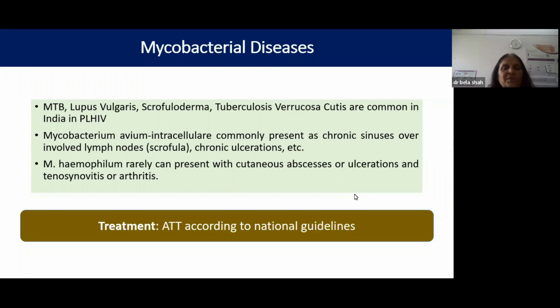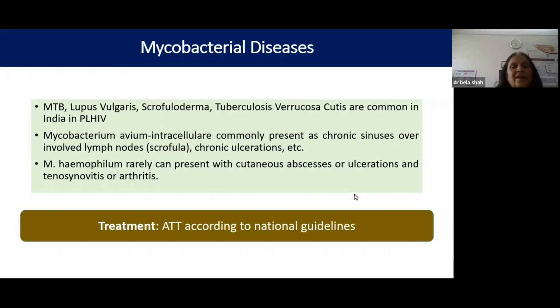But what is important to remember here is that we should rule out even atypical mycobacterial infection like Mycobacterium avium intracellulare, because the patient can also develop chronic sinuses. The presentation can be scrofuloderma, as we saw, which was caused by M. tuberculosis. So it is important to subject these patients to bacterial cultures and find out the etiology of this particular disease.